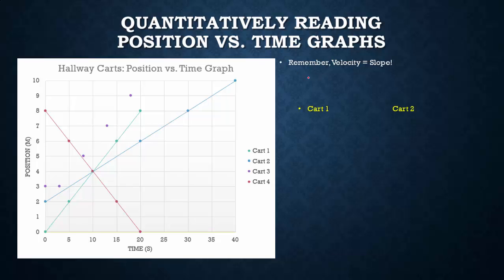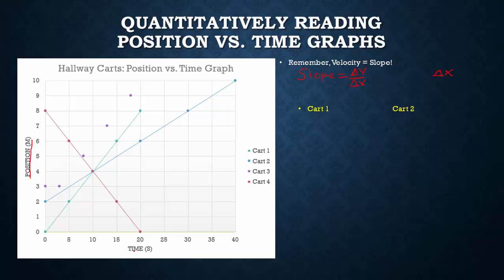If we write this in equation form, we know that slope is found by doing delta y, the change in the y value, over delta x, the change in the x value. For a position versus time graph, your delta y value is actually representing the change in position. That is also known as delta x. Delta x stands for the change in position.